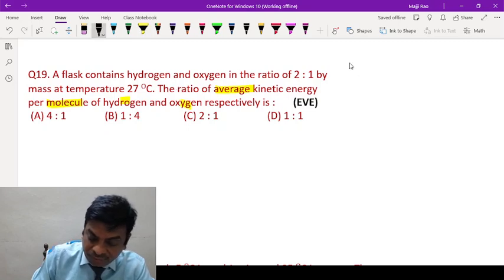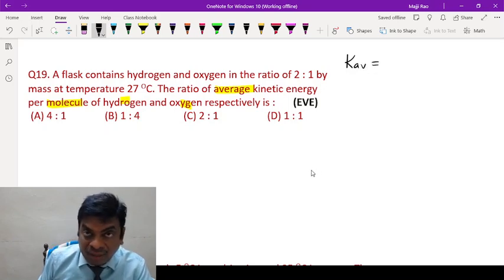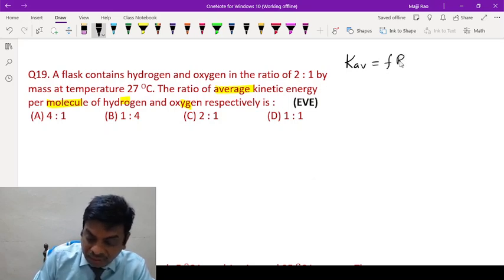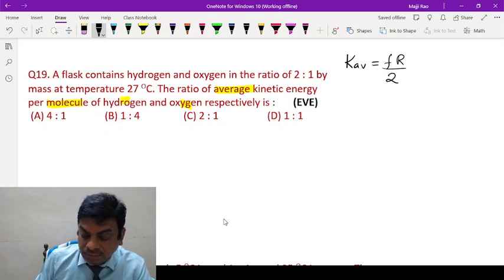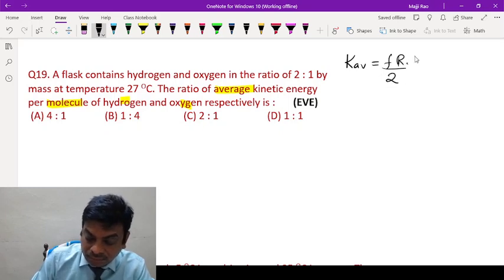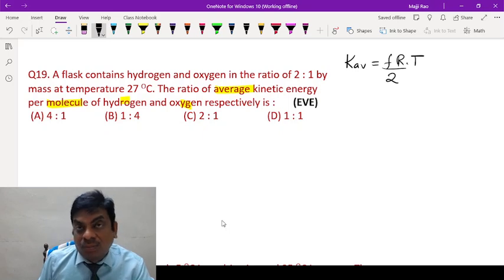Now, students, you know that the average kinetic energy, per degree of freedom and per mole is this. Per mole.